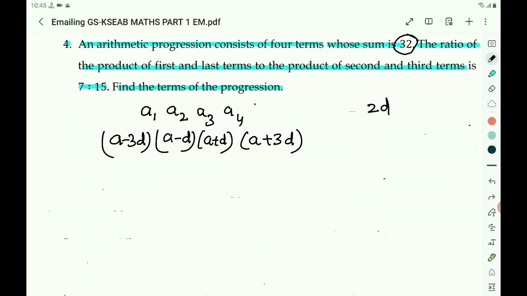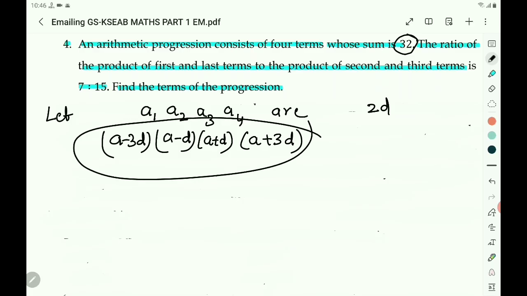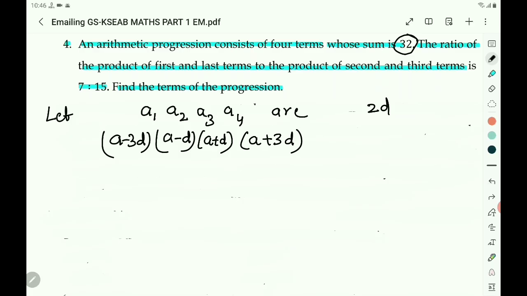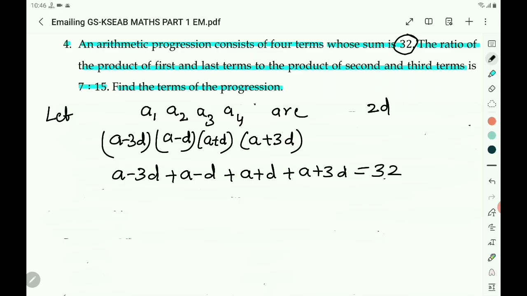So you take, let the 4 terms a1, a2, a3, a4 be these. And what is the sum of these 4 terms? 32, right? a minus 3d plus a minus d plus a plus d plus a plus 3d equals 32.